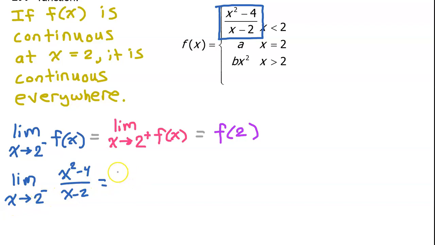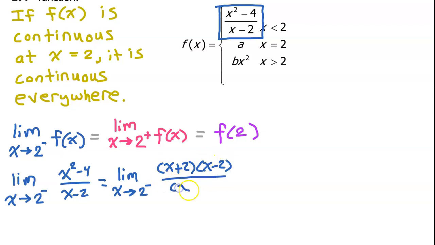Let's factor this. So we have the limit as x approaches 2 from the left of x plus 2 times x minus 2, all over x minus 2. Of course, we now notice that we have the same factor in the numerator and the denominator. Canceling these out will not change the value of the limit.